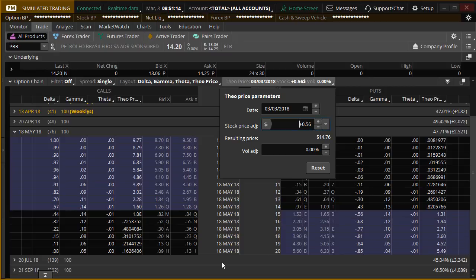So there's 2.28. That's a 20% return on the trade. Okay, so that means the stock has to go to about 14.76.